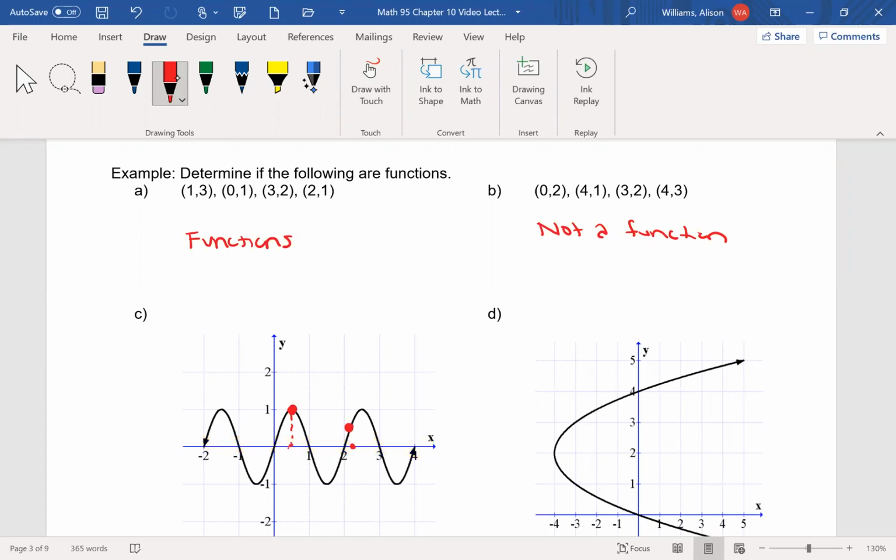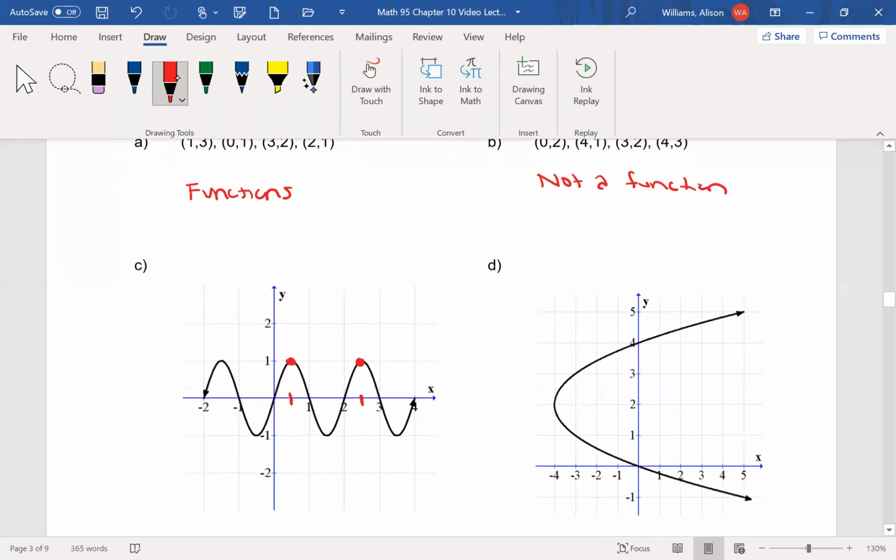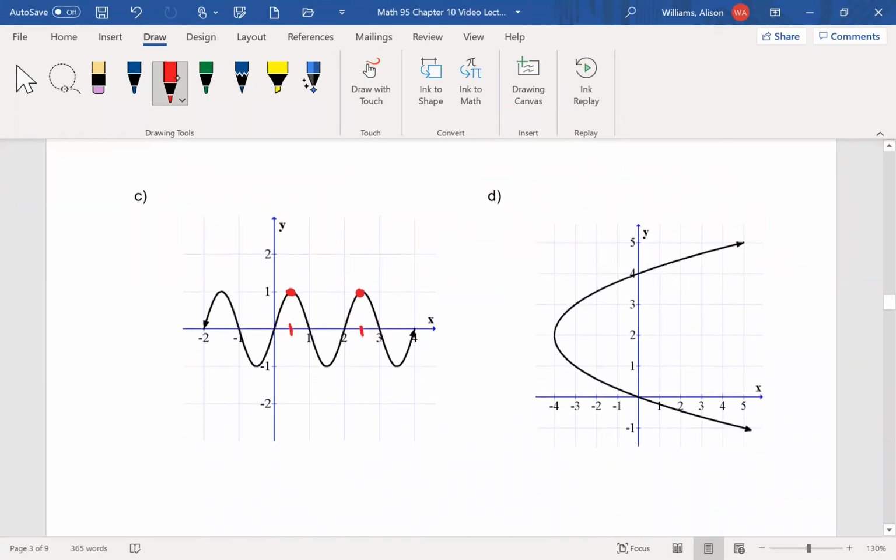And the idea is every x value here goes to only one y value. So this x value that's right here, that goes to this y value. And this x value that's right here, that goes to this y value. They go to the same y value, but that's not a problem. It's a problem if an x value goes to 2 different y values. So this one's a function.